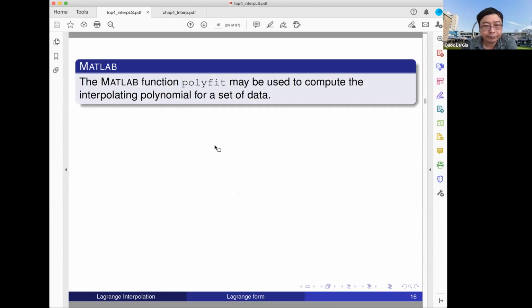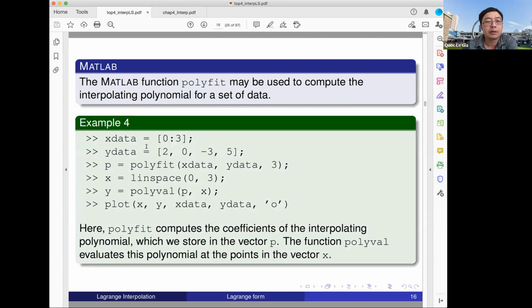So polyfit in MATLAB can be used to compute the interpolation polynomial of a set of data. Before, you used Lagrange polynomials, and now another way is to use the polyfit command. If you look it up, it's just solving a linear system.